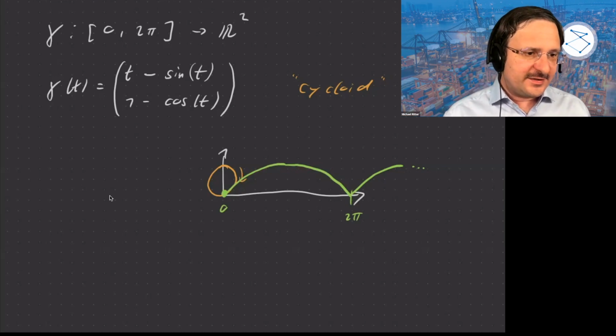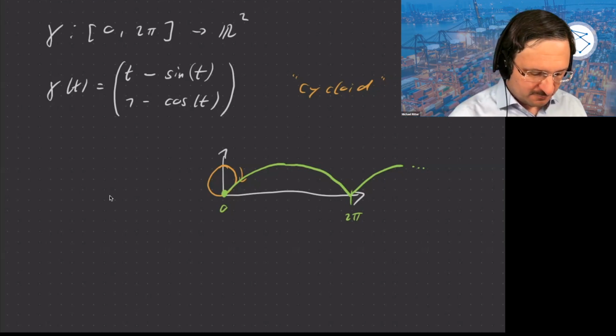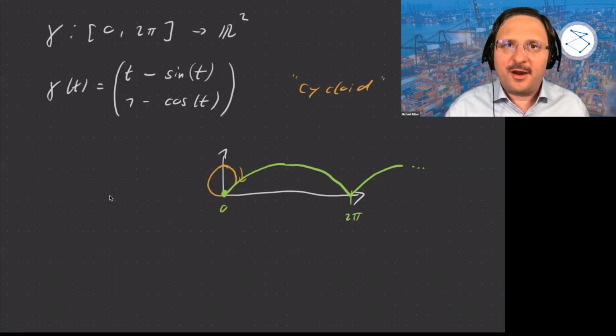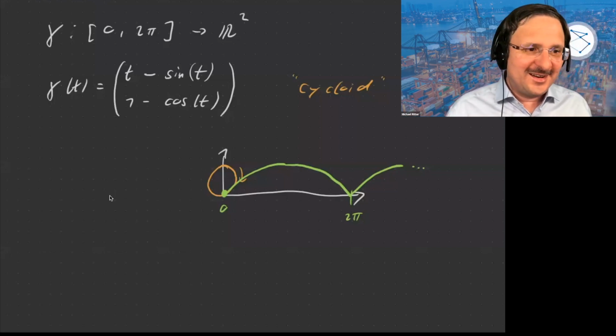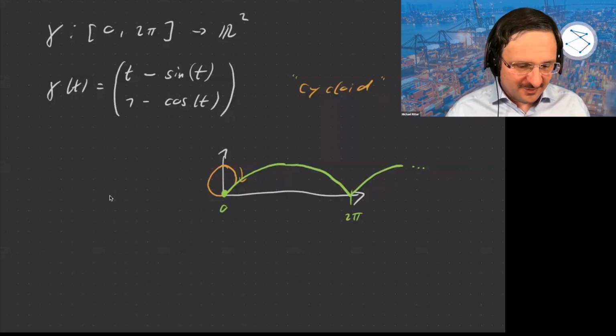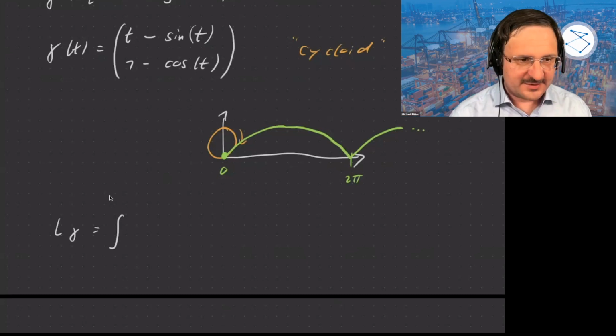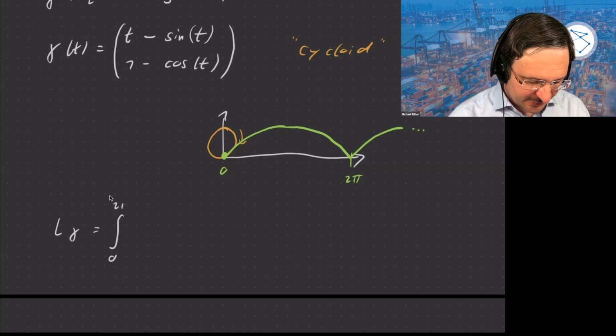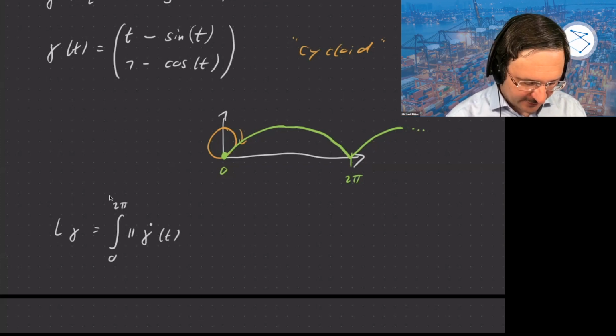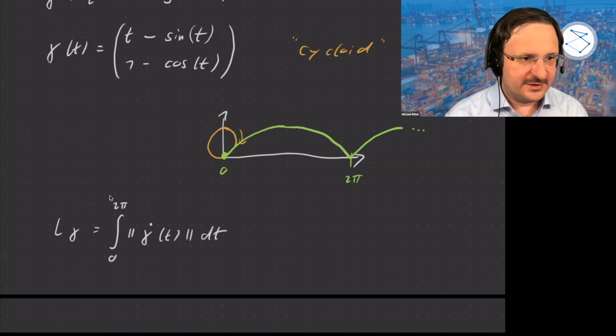Another question here is, we want to compute the length of that curve. Basically, that's just applying a formula that you should know, that we derived in the lecture. So the length of a certain curve gamma is given as the integral over the parameter space, in this case 0 to 2 pi, over the norm of the derivative of gamma, dt.